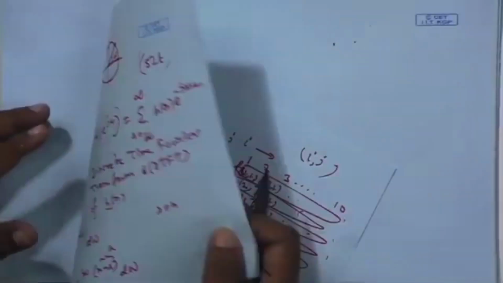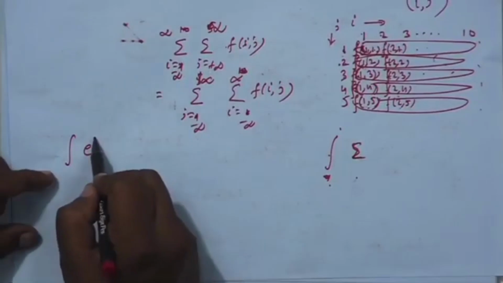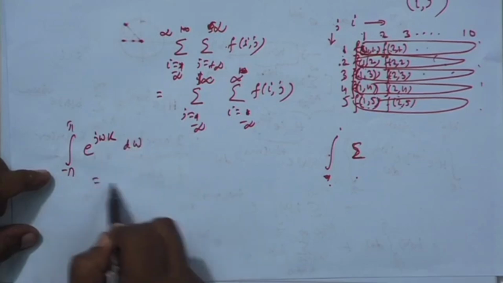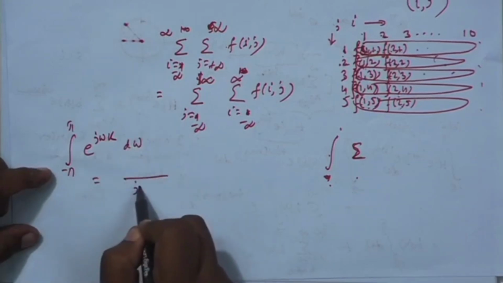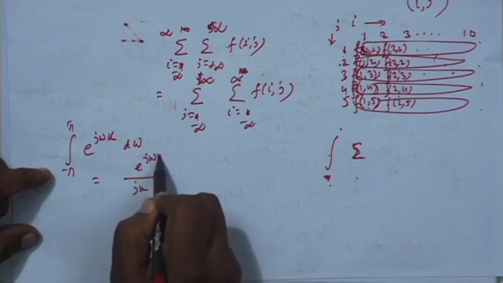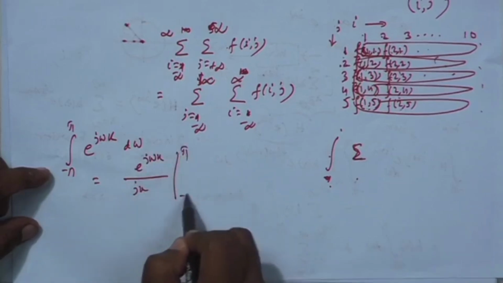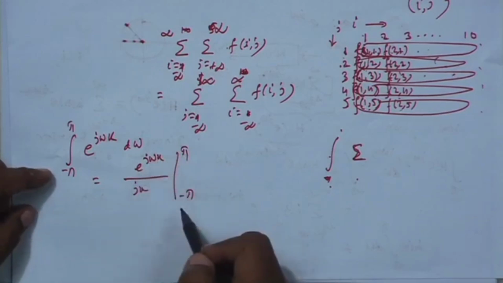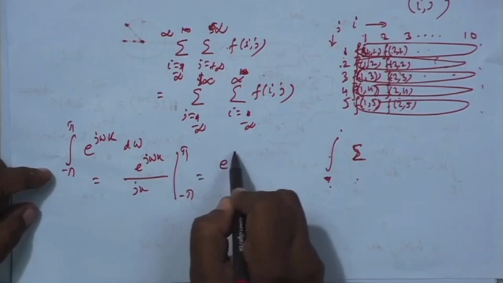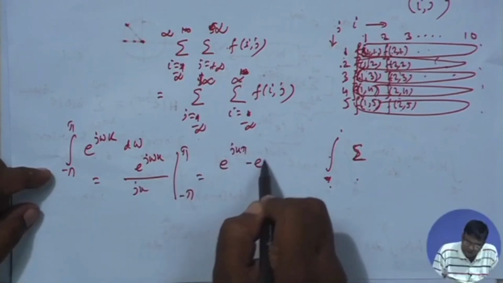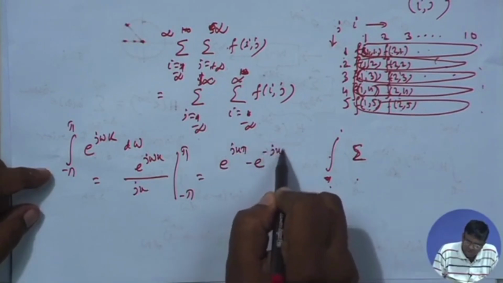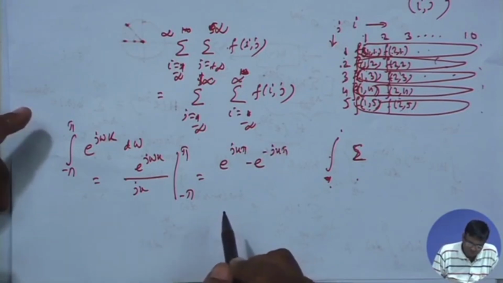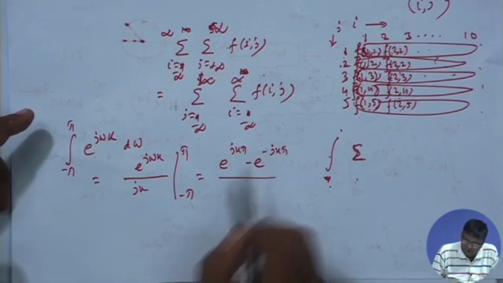Directly you can work out the integral for some k, positive or negative, from minus pi to pi. What is the integral? 1 by j k, e to the power j omega k, evaluated from omega equal to pi and minus pi. Now, it is about j pi into k, it is about k pi. What will this be?